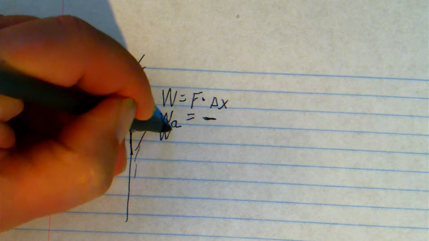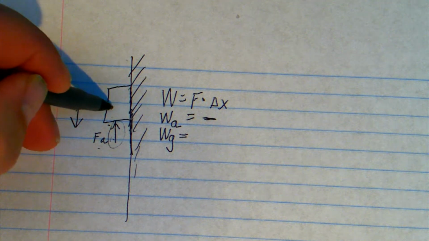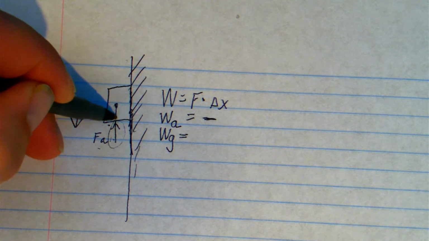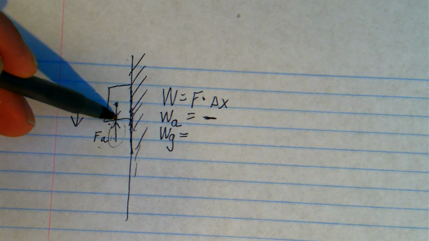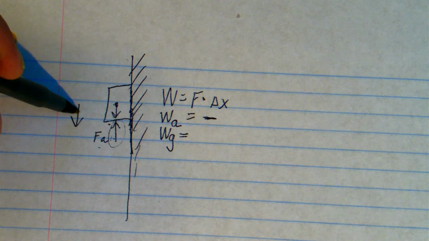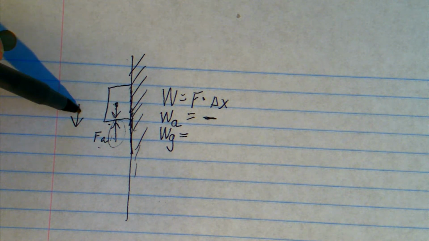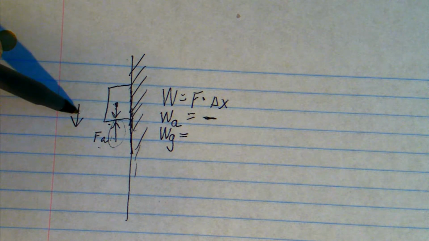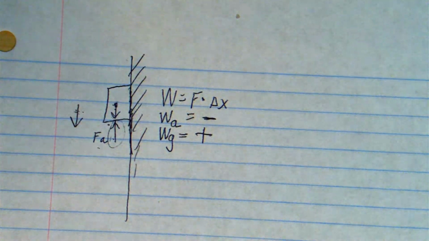The work done by gravity, so again, think of a free body diagram for a moment. The force of gravity is always acting down towards the center of the earth. In this case, the box is actually moving down. The angle between down and down is 0 degrees. The cosine of 0 degrees is +1. So the work done by gravity is a positive number.